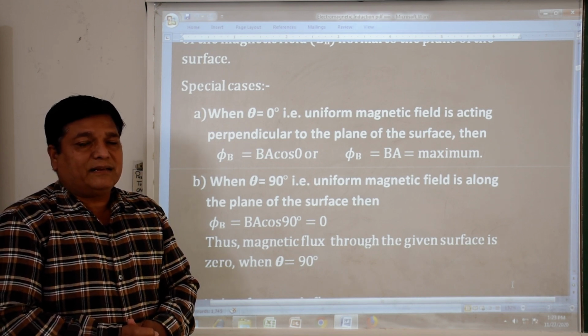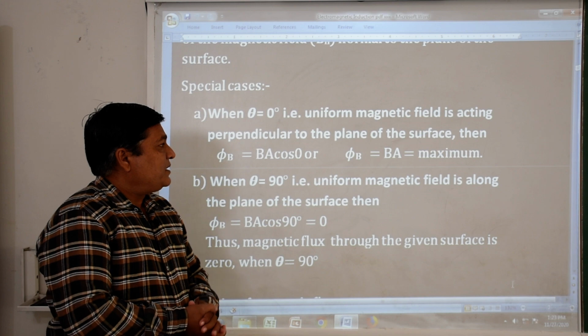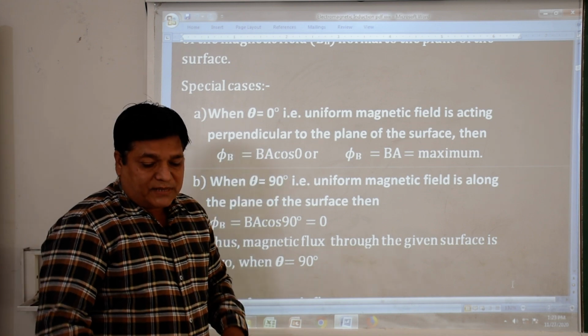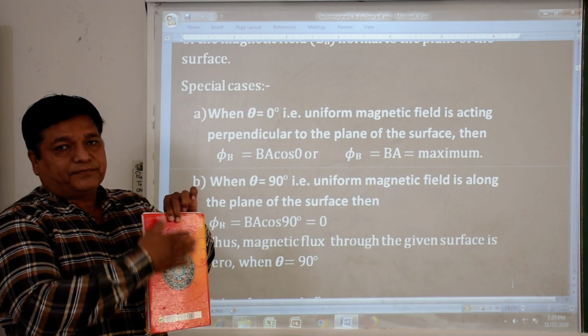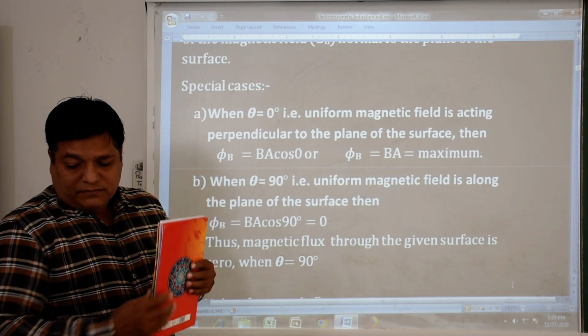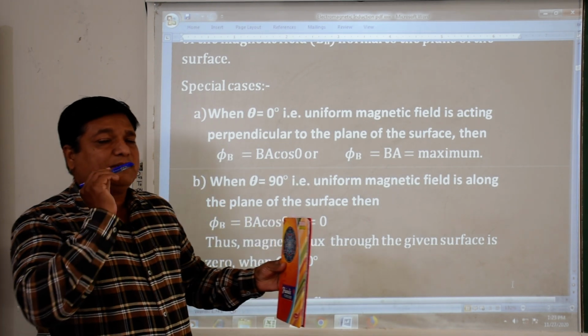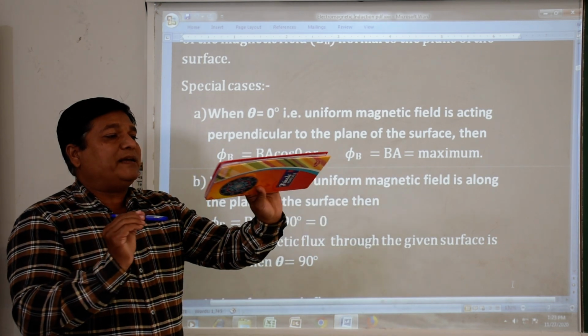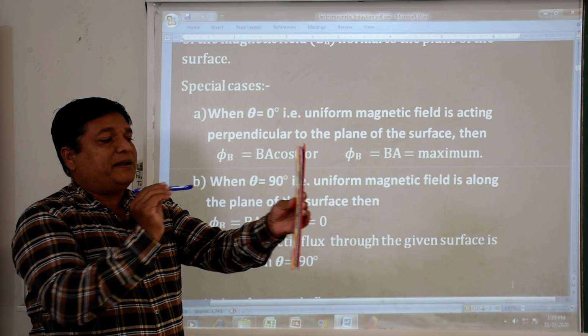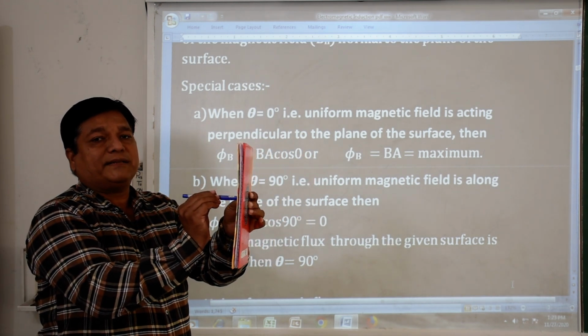Magnetic flux is a scalar quantity, and we see here that this is the surface area and magnetic field lines are moving in this particular direction. We place this surface area perpendicular to the magnetic field lines.